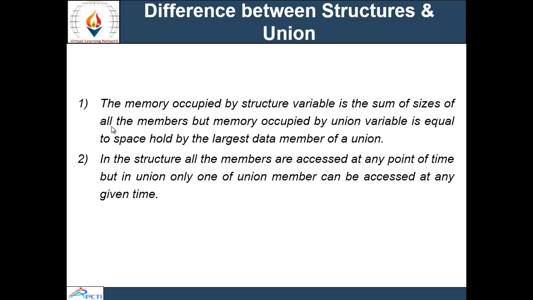But in union, the memory occupied by union is equal to the space held by the largest data member of a union. As I said before, in the structure, all the members can be accessed at any point of time. But in the union, only one of the union members can be accessed at one time.